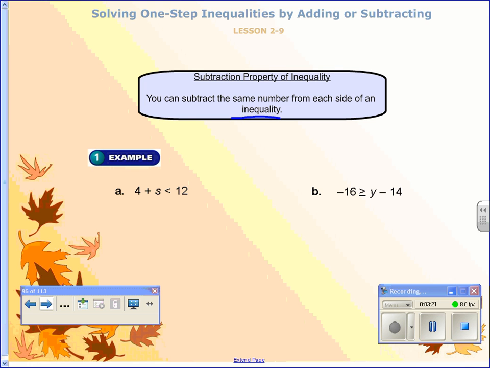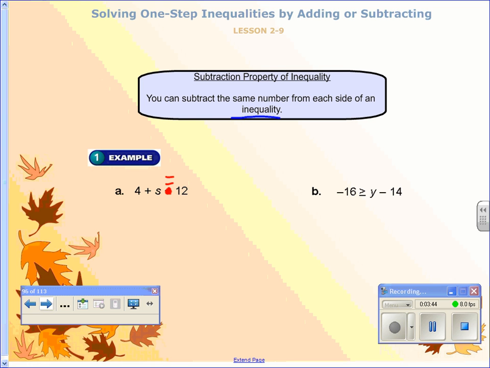So here's what I want you to do. I want you for now to pretend this sign isn't here and just treat it as if it was one of those problems we did earlier this chapter. So pretend it's 4 plus s is equal to 12 right now, because then you know how to solve it. You get the variable by itself by getting rid of any numbers on the same side.